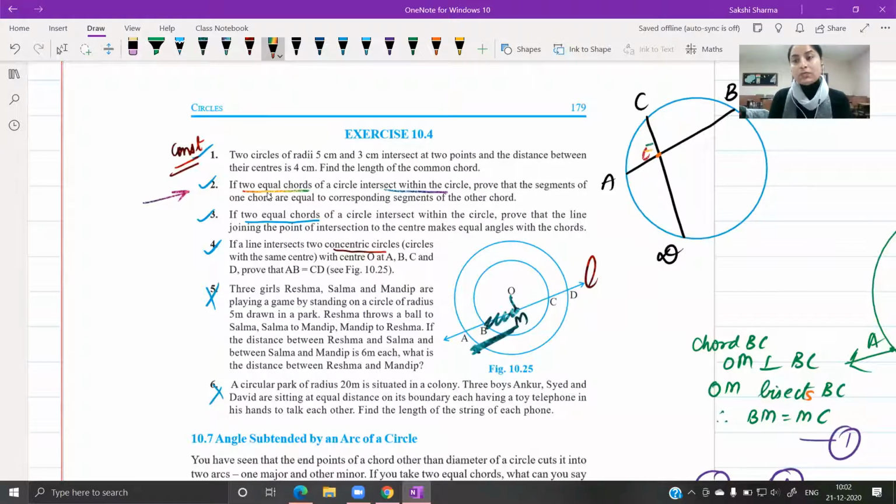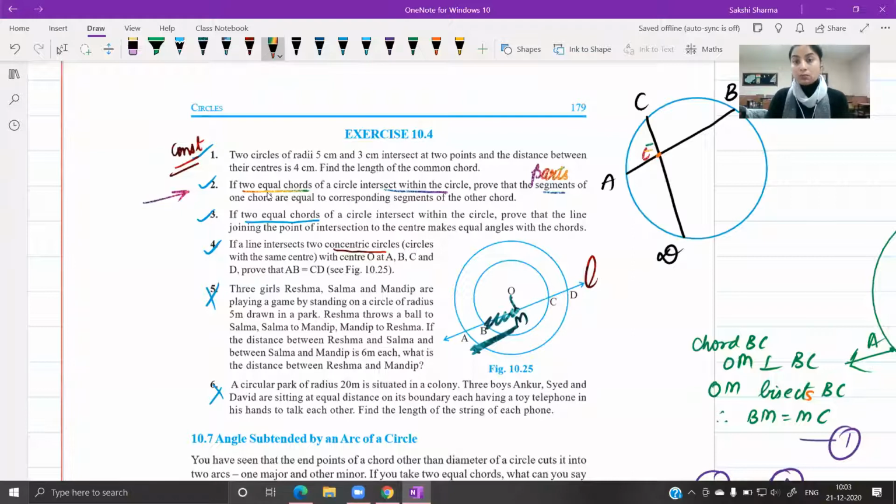In this case, when we talk about segments, we are talking about the parts of the chord. When the chords intersect each other at point E, the chord AB is divided into 2 parts, AE and EB. AB has 2 parts, one smaller in size, one larger, and the other chord CD also gets divided into 2 parts.